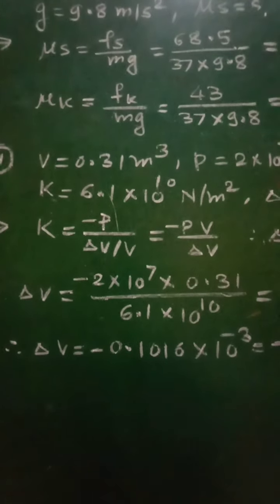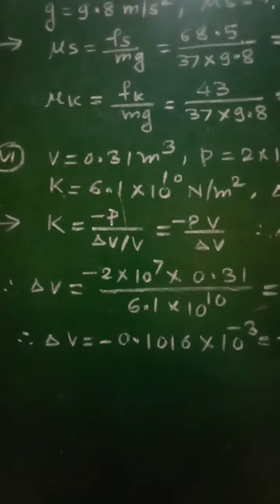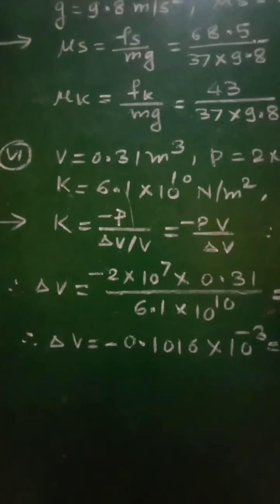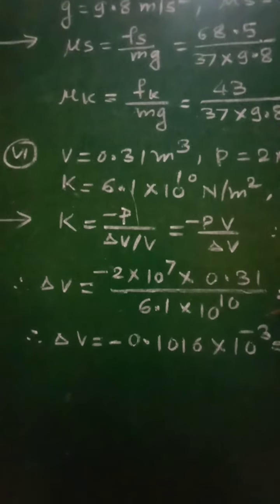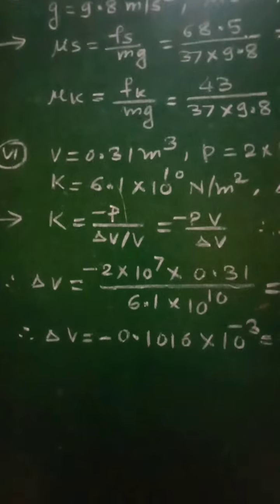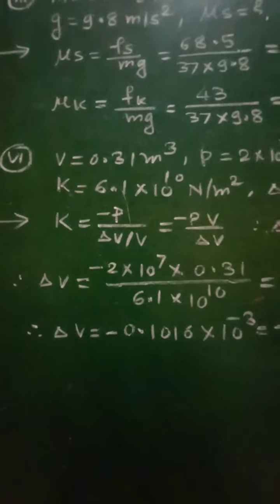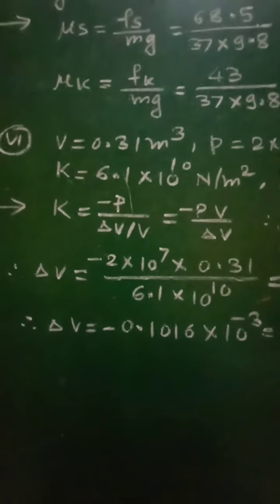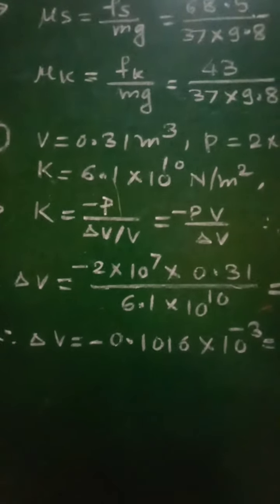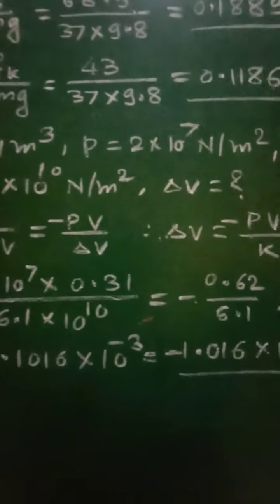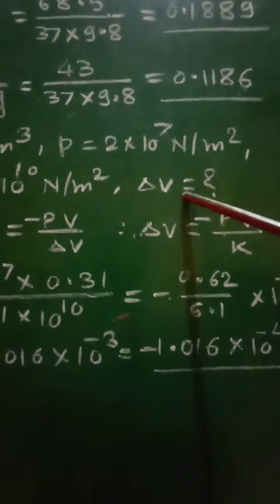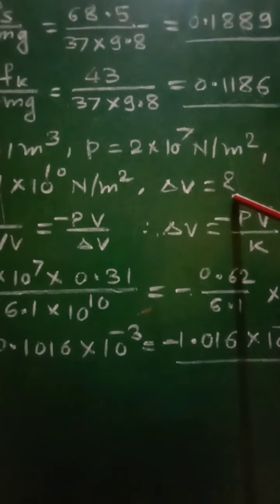K is equal to 6.1 into 10 raised to 10 Newton per meter square, and that K is nothing but the bulk modulus. We have to find out change in volume delta V.